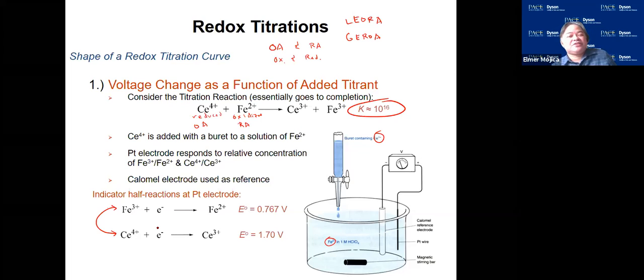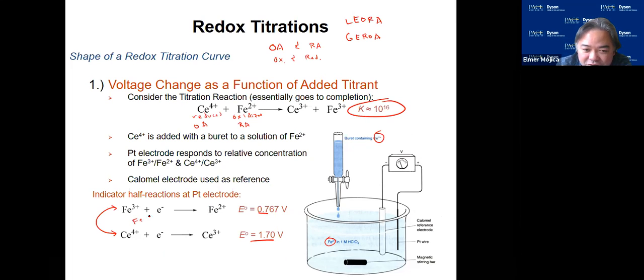Based on your reduction potential, if you have two reduction reactions, the one that has the lower potential will undergo oxidation. Between the two, this has a higher reduction potential, so this remains in the reduction reaction form, while this one, which is lower, undergoes oxidation.